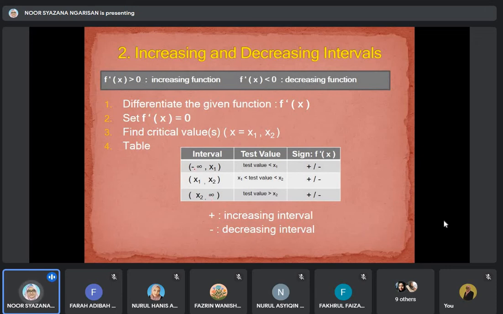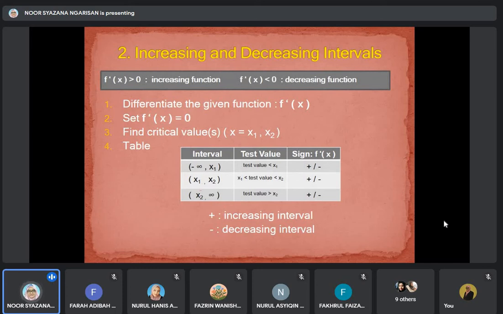First interval, negative infinity until x1. x1 is our first critical value. Second interval from x1 until x2. And then the last interval, x2 until positive infinity.